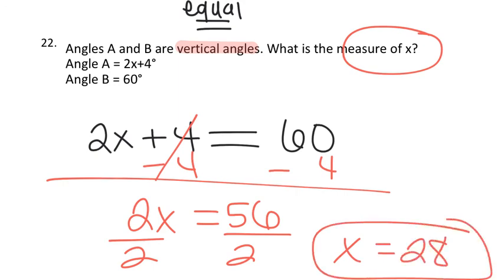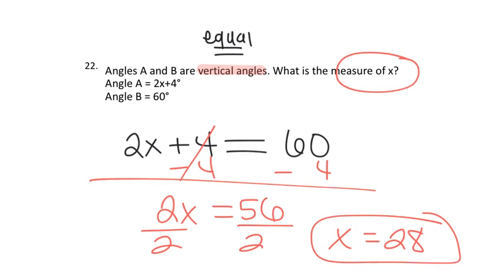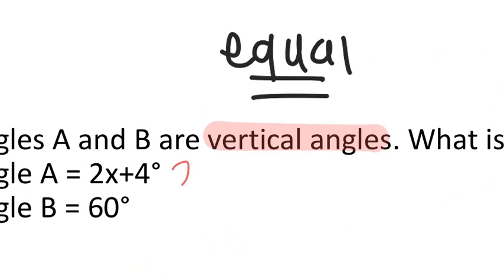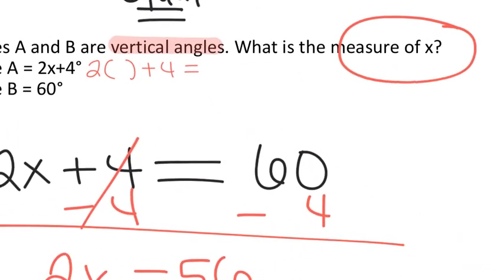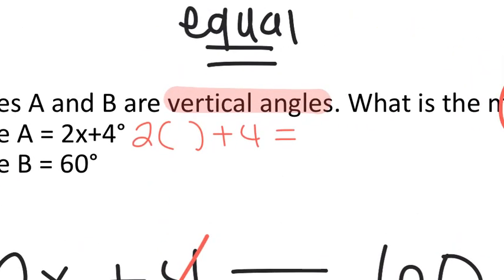But guys, it did not say what is the value of x. It says what is the measure of x. I'm going to leave it as 28, but because of the wording on this problem, I'm not too sure if they're wanting an x value or the measurement of angle A. It should say the measure of angle A if it wanted that angle, but just in case it does ask, we would then plug in what we got for x to find that measure of angle A. We got 28 for x, so we would plug in 28 for that letter x.